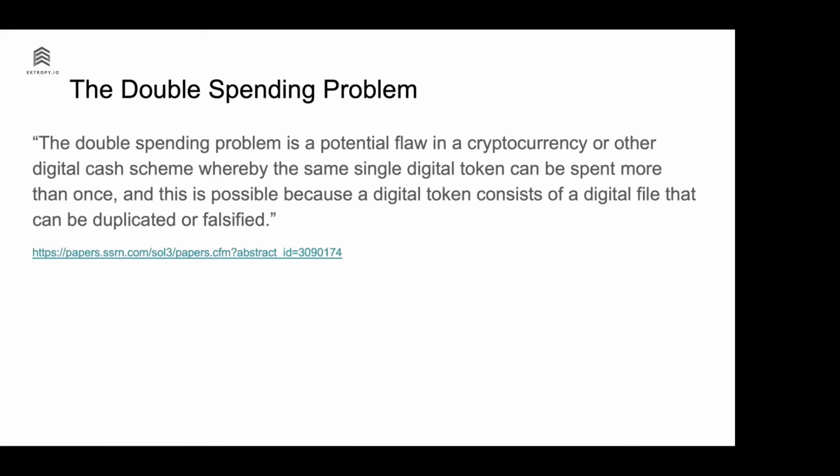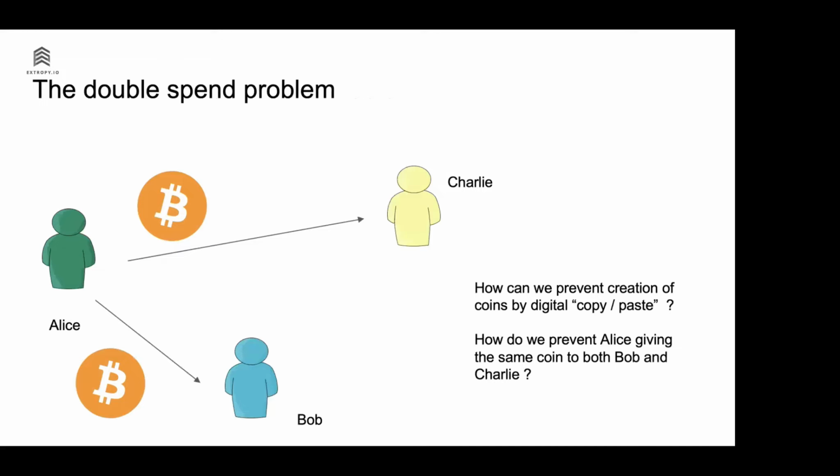You don't want people to be able to give themselves more and more of a particular currency, or to spend a particular token multiple times. So if Alice is spending a Bitcoin, maybe she sends some Bitcoin to Bob, how can we ensure that she doesn't then try to send the same Bitcoin to Charlie? This is the double spend problem, and the big breakthrough with Bitcoin was that we got a practical means of solving this.